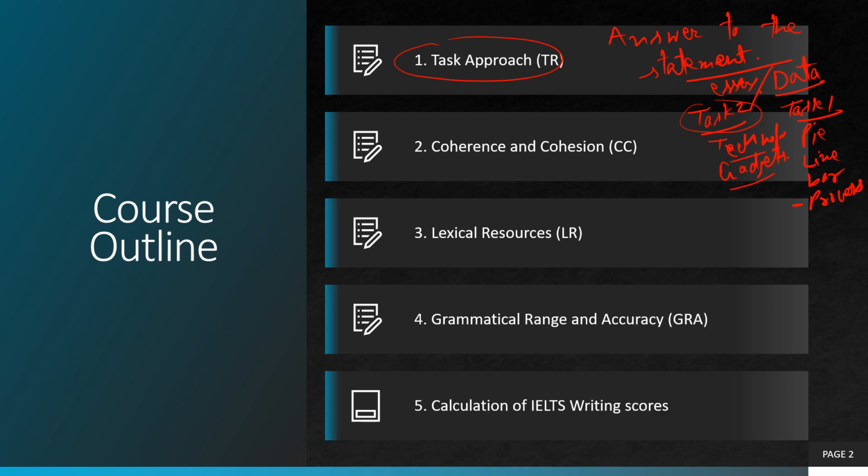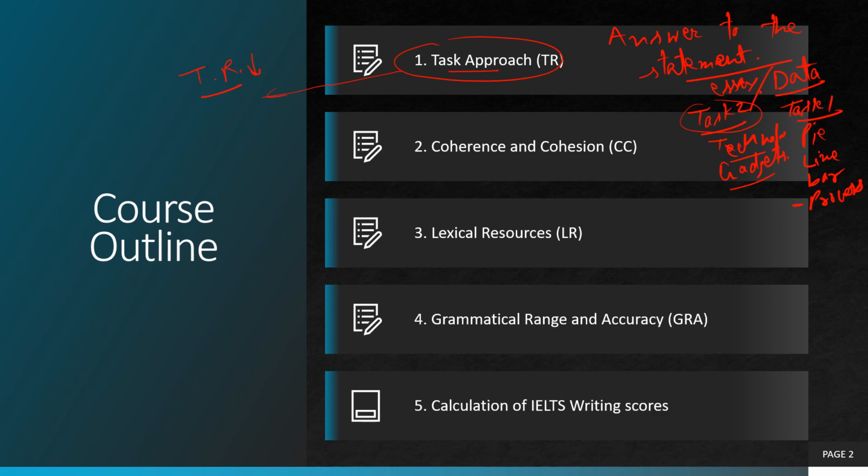If the answer that you are providing to a statement is far away from what they are actually asking, then you are losing marks in task response or task approach. Task response and task approach are quite similar things.